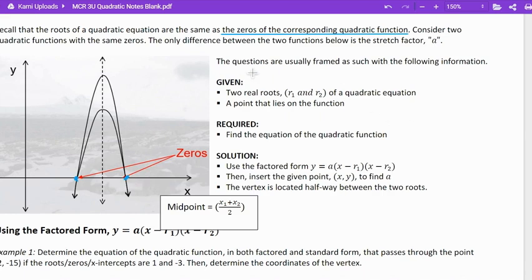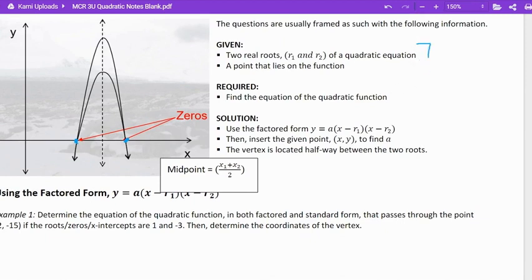Okay, so the questions will be framed this way. You're going to be given 2 real roots and a point. So you're kind of given 3 points. Required is going to be to find the equation of the function, and then we'll work on the solution. So this is how we do it. Step 1, most of the time, we're going to start with the factored form, where R1 and R2 are the roots.